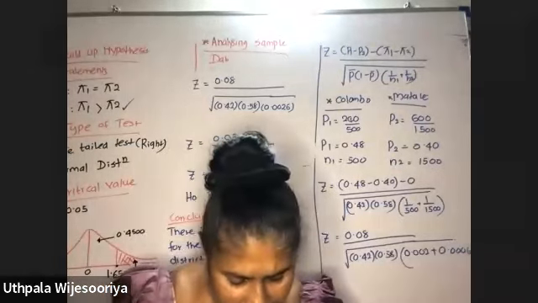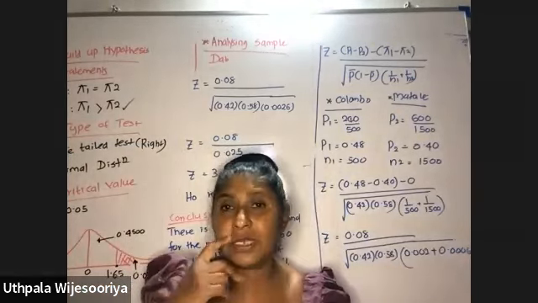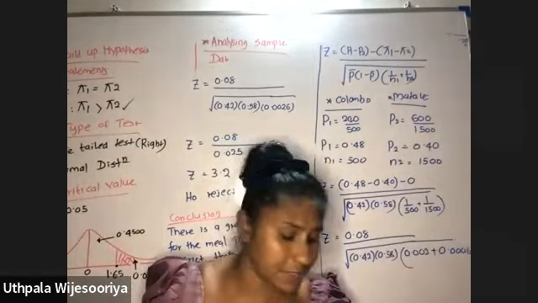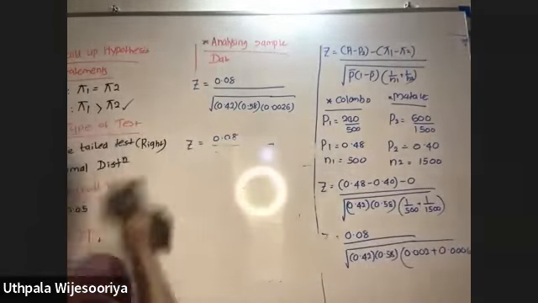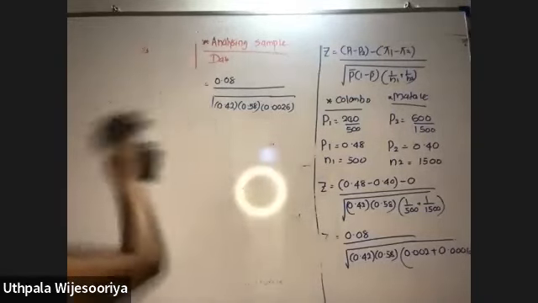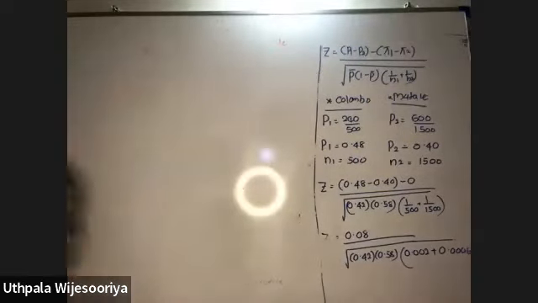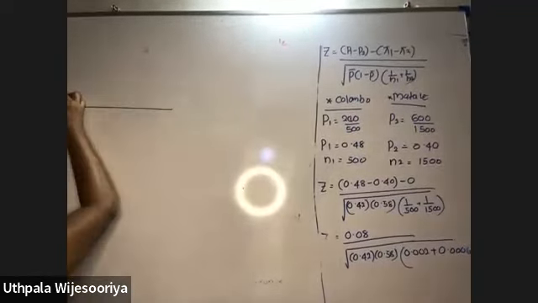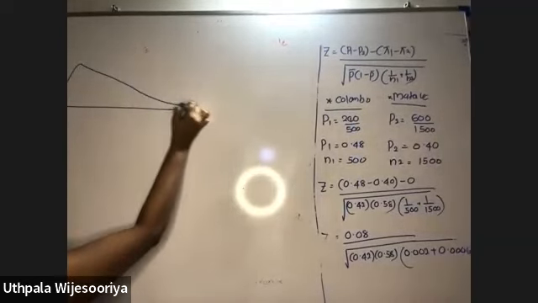The second property: the chi-square distribution is a positively skewed distribution. This is not a symmetrical distribution. It is non-symmetrical, positively skewed, starting at 0 and going to plus infinity.